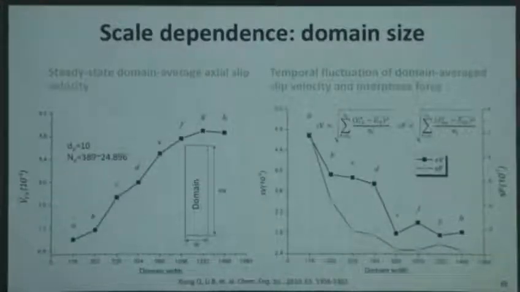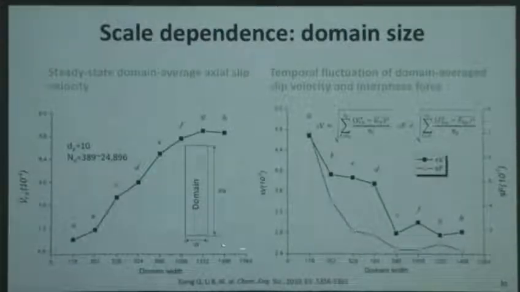And we also noticed that there is a very strong scale dependence in terms of the slip velocity. If we simulate this rectangular domain with the same aspect ratio and increase the size, then we can see the stable slip velocity will increase with system size until this scale, where we have a relatively stable one.